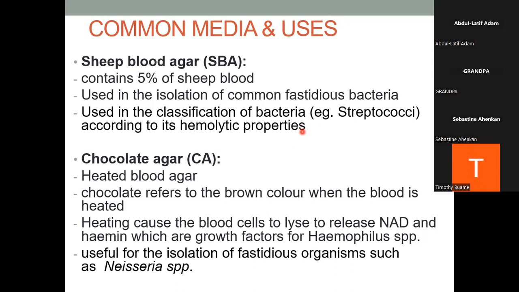So once streptococci goes on sheep blood agar, we can classify it as beta hemolytic. That's where you have the BHS. BHS is beta hemolytic strep. Then you can also have the alpha hemolytic strep and so forth. So it is good for classification. I'm talking about the sheep blood agar. It's good for the classification of streptococcus. Okay, right.